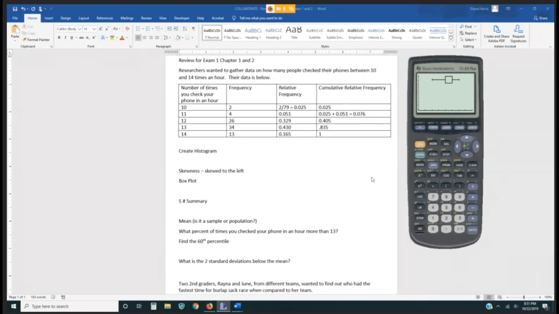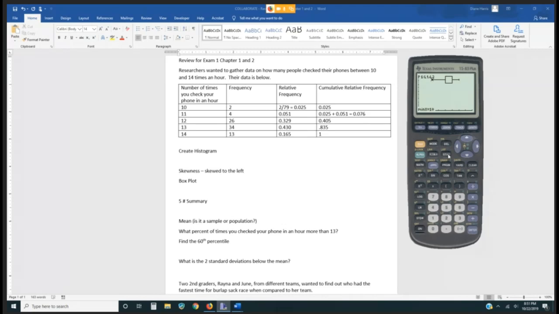The next is our 5-number summary. If you recall, you can hit the trace button, and it's going to give you the 5-number summary, where the median is 13. Q3 in this case is also 13. The max is 14. Q1 is 12, and the minimum is 10.